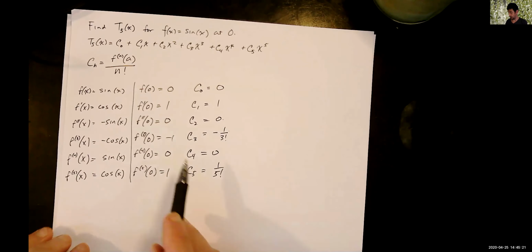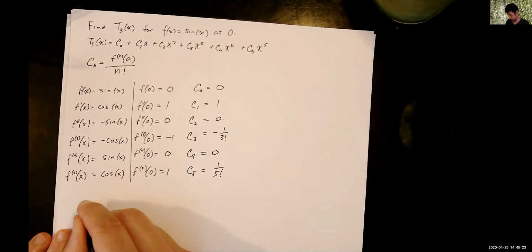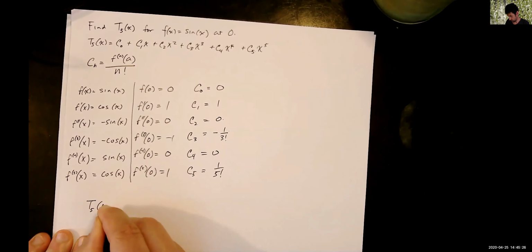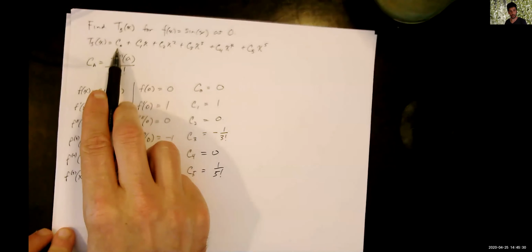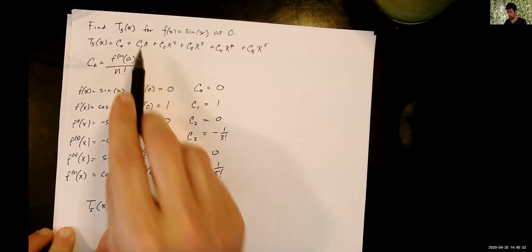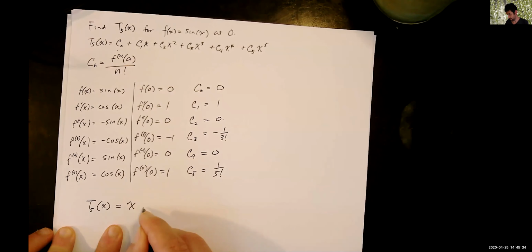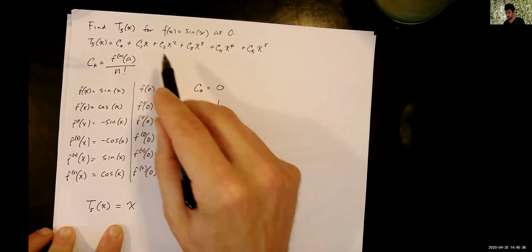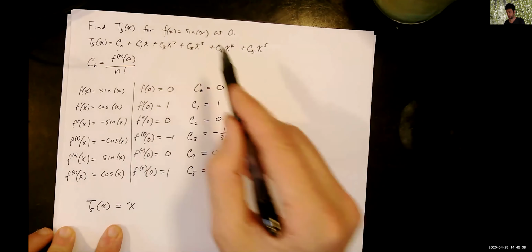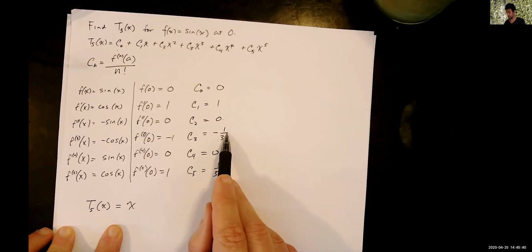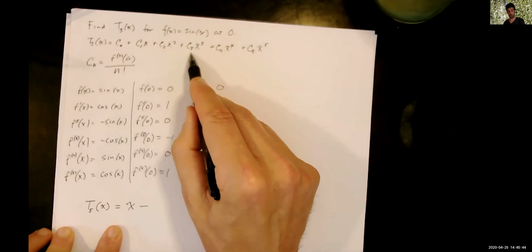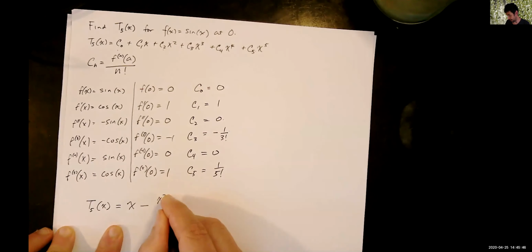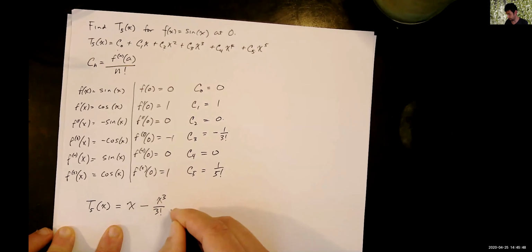And so right now, I'm already ready to write down this 5th degree polynomial. C0 was 0, C1 is 1, so I have 1x. I have 0 for C2, so there's no x squareds, and then I've got minus 1 over 3 factorial, that's the coefficient of x cubed, so this is x cubed over 3 factorial.